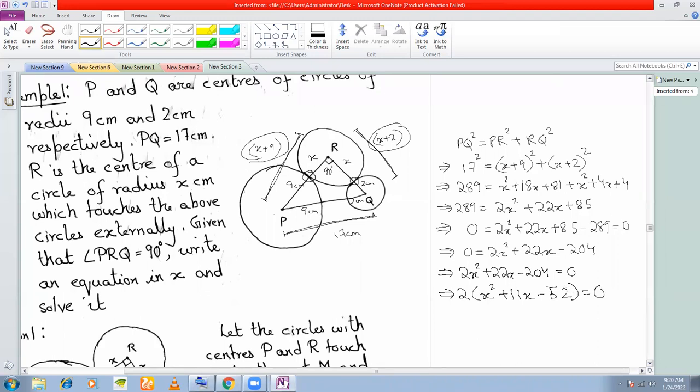Okay. Sorry, not 52. This is 102. Right. That means x square plus 11x minus 102 must be equal to 0. So now you can factorize this. 17 into 6.